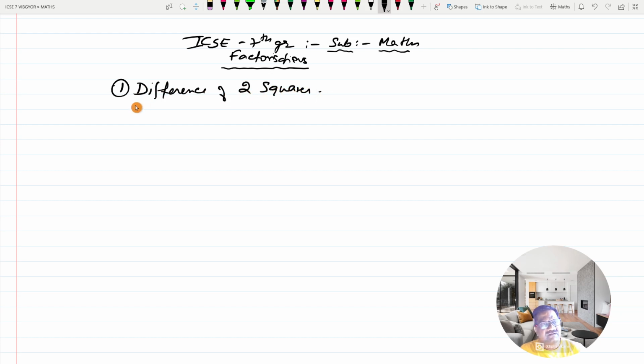Now, what is this difference of two squares? Basically, it's an identity which we will be using. You all know that a square minus b square can always be written as a plus b times a minus b. This itself tells you that this is a kind of factorization.